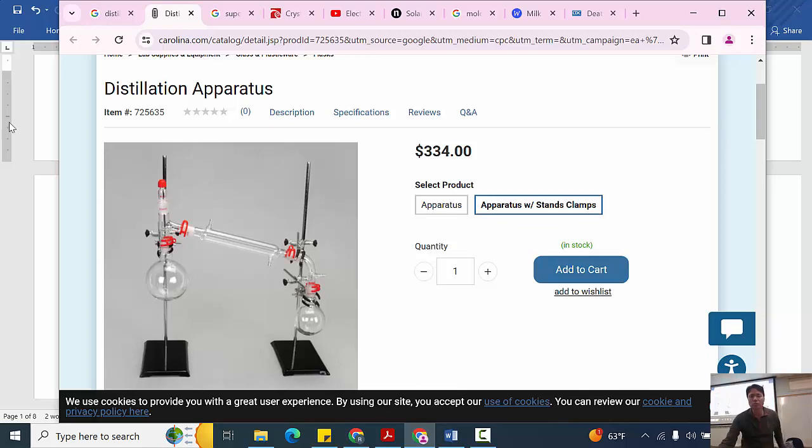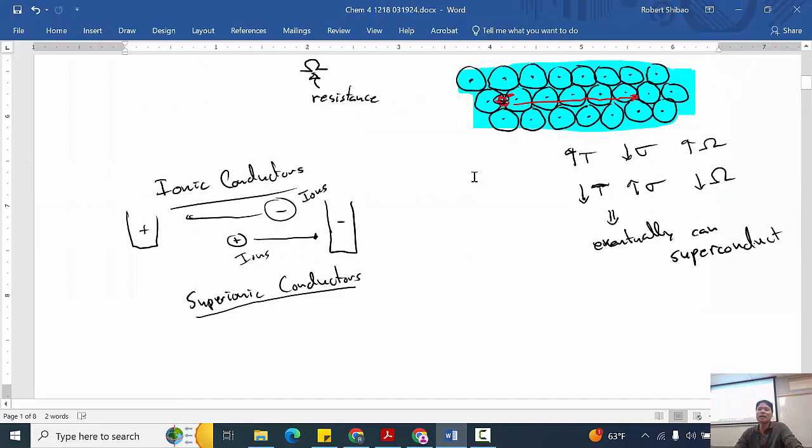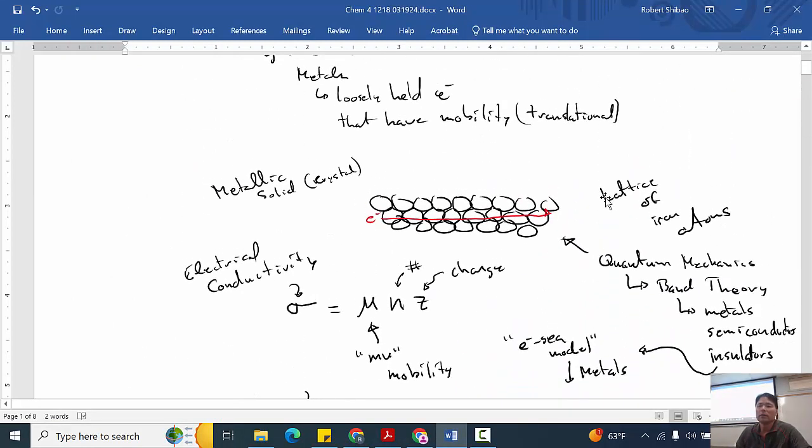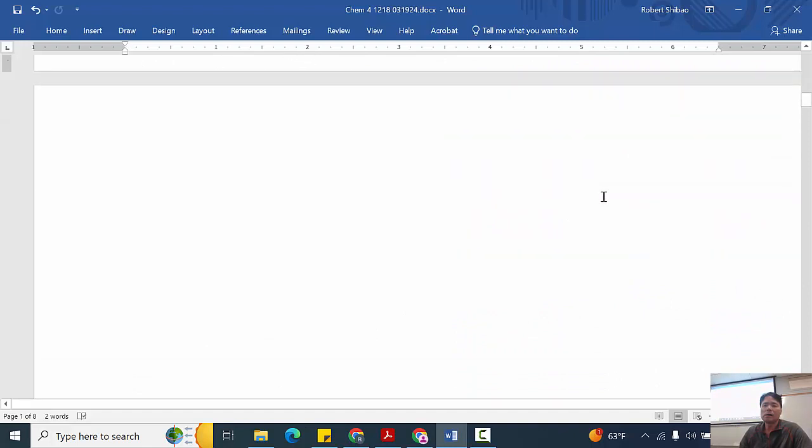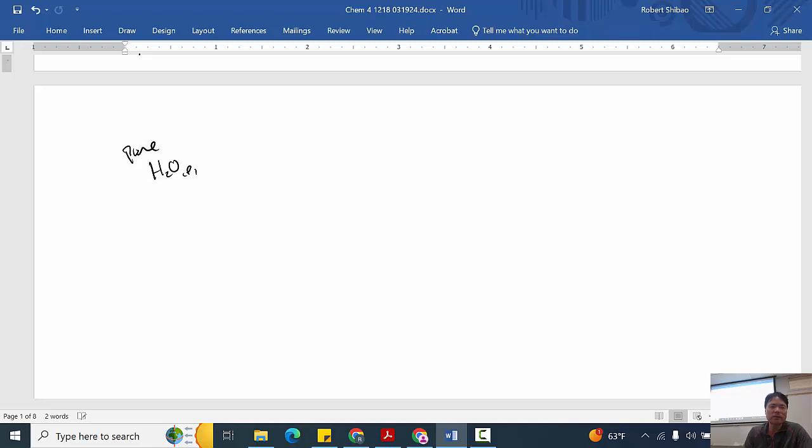So what would we categorize water as? Water would be categorized as an insulator, non-conductor. And this is pure water because we purify it using ion exchange columns or deionization process.